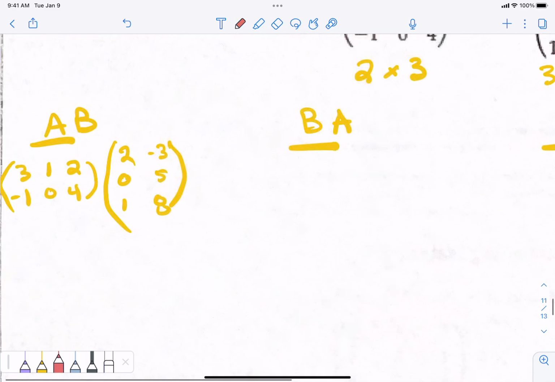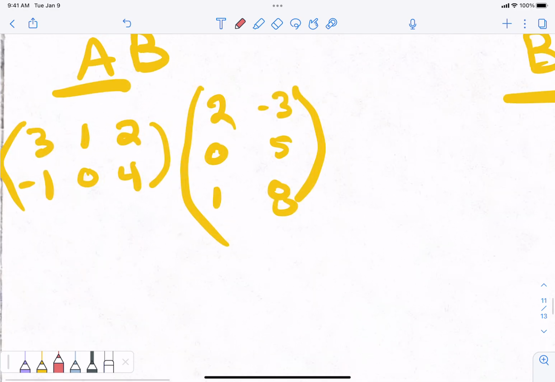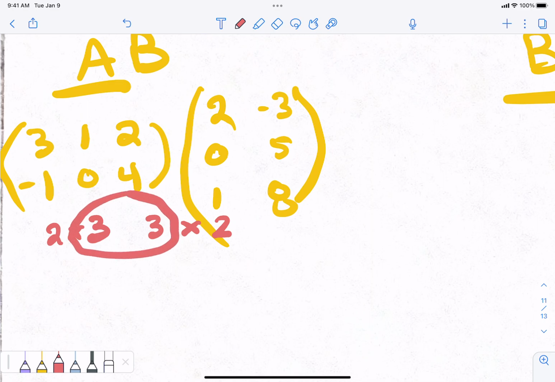AB. First of all, we need to see if these are even compatible. Can we even multiply them together? They're not the same size, right? But here's the rule. A was a 2 by 3. B is a 3 by 2, yeah? They can only be multiplied if the two numbers in the middle are the same. That is weird.